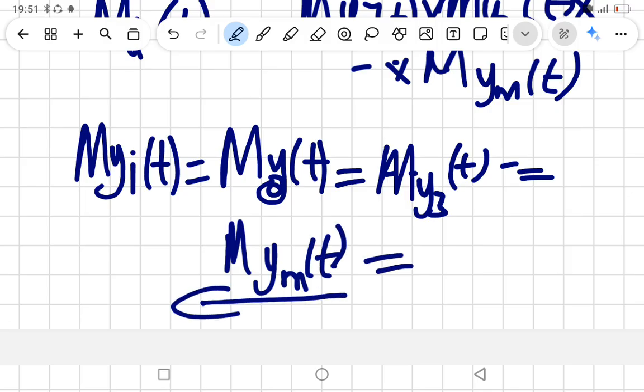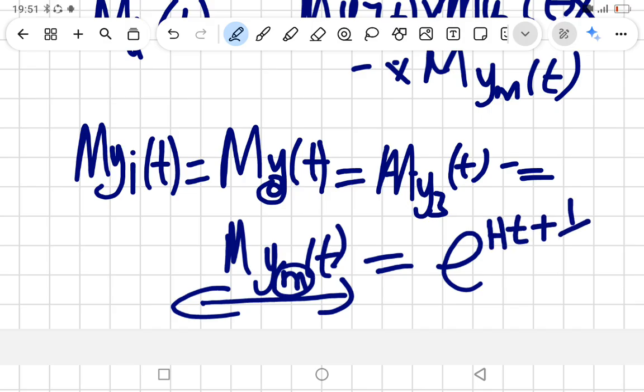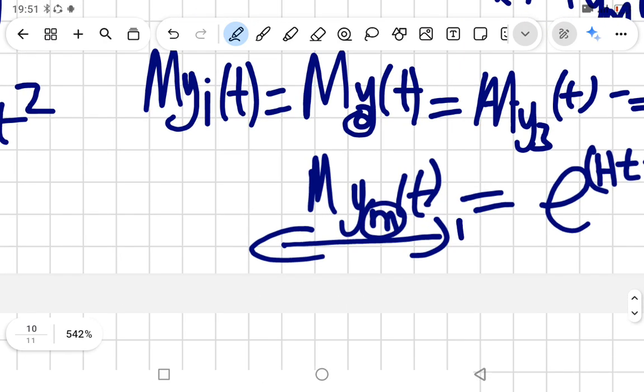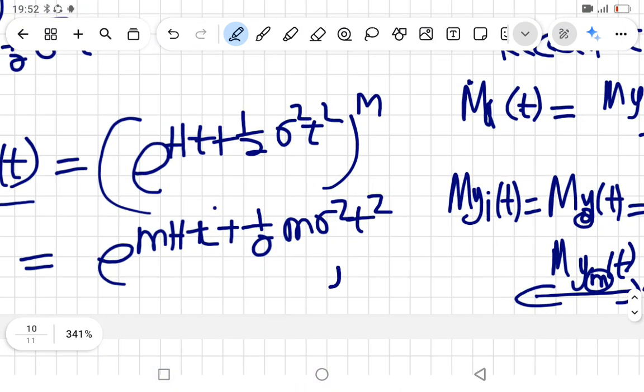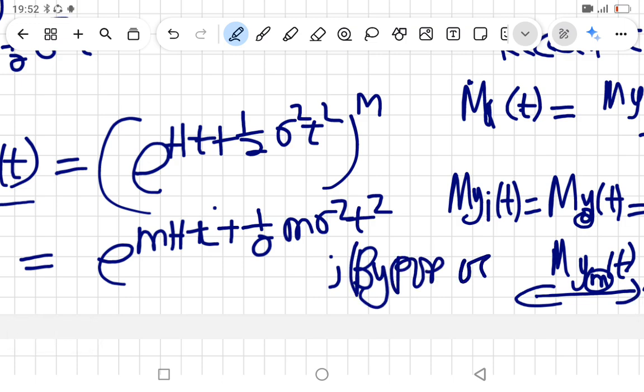Then if we change this due to that m, you'll say e to the mu t plus, by property of MGF. So you must indicate by property of MGF. Even here I forgot to include that. You should write the reason, by property of the MGF.